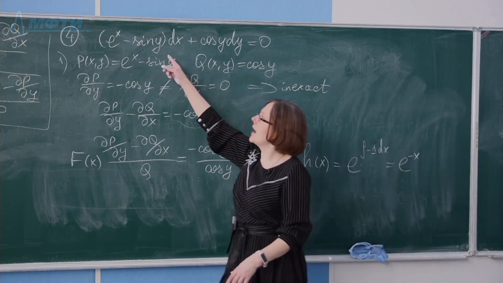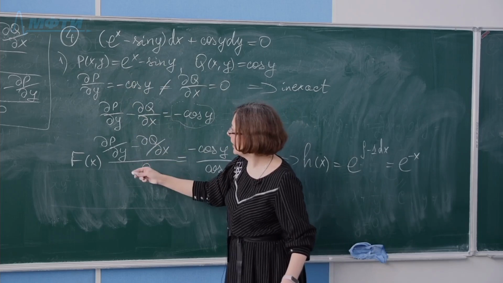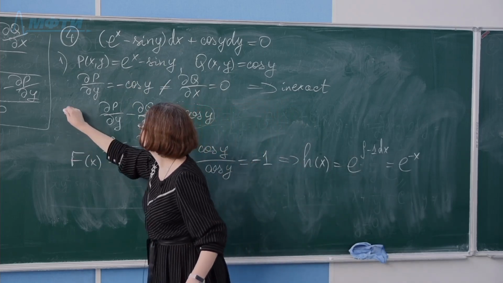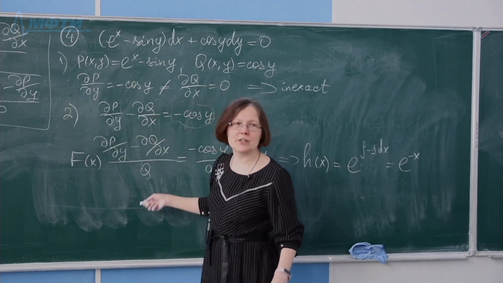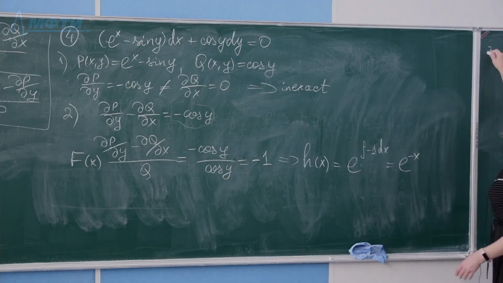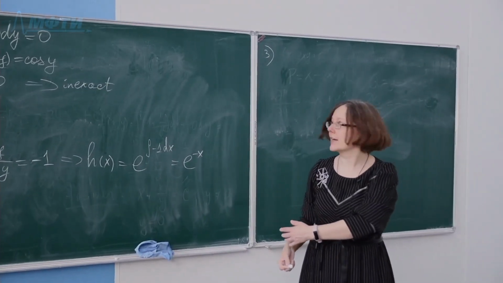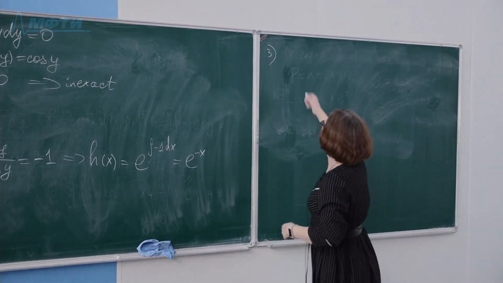So we are asked to find the solution to this differential equation. So this is the first step. This is, I think, the second step, finding the integrating factor. Next, step number 3, we should multiply by this integrating factor, and we will get what?